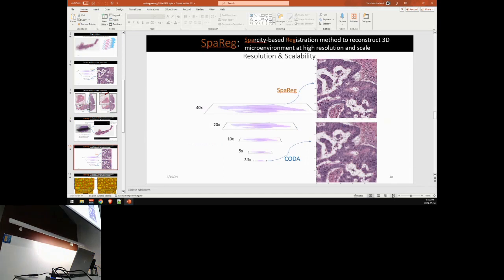So here we show the difference between the current method and the method that we worked on, wherein the current method, due to downsampling, leads to a lot of missing information, whereas we are able to reconstruct at the resolution at which the images were acquired.